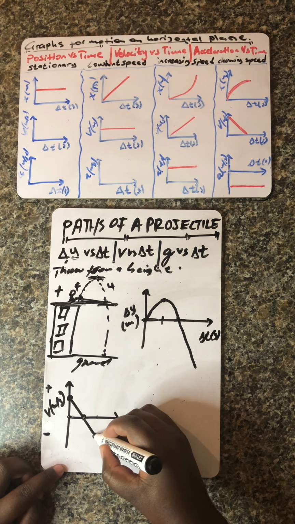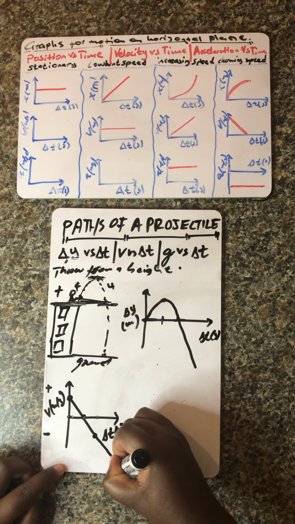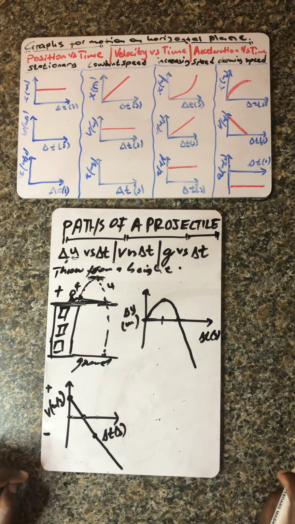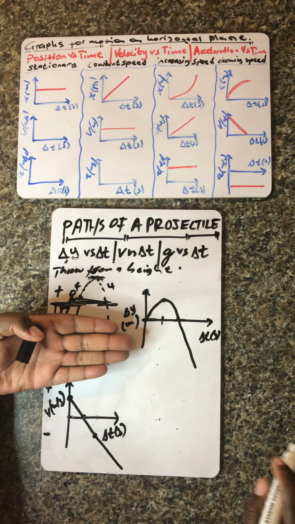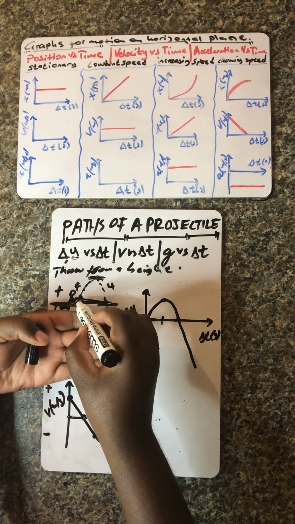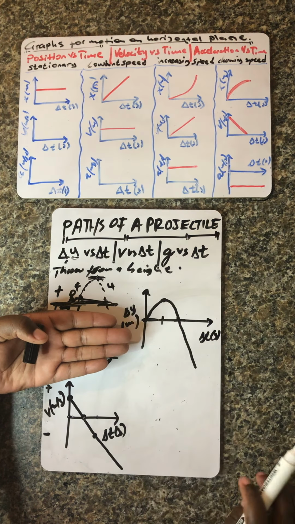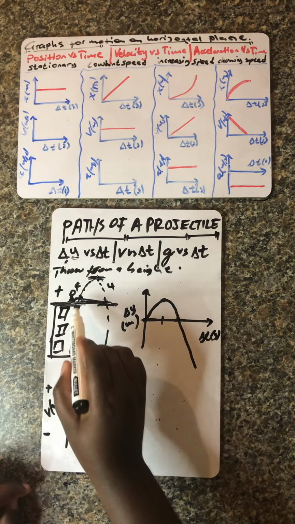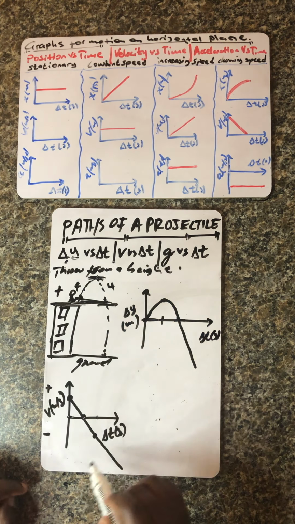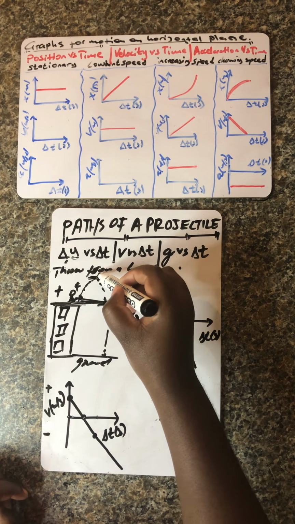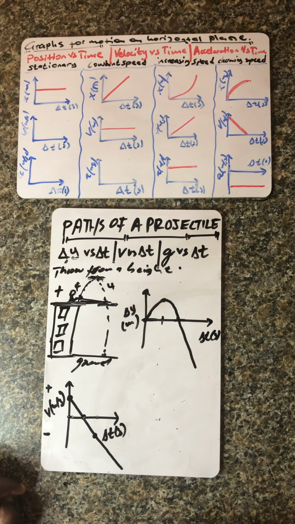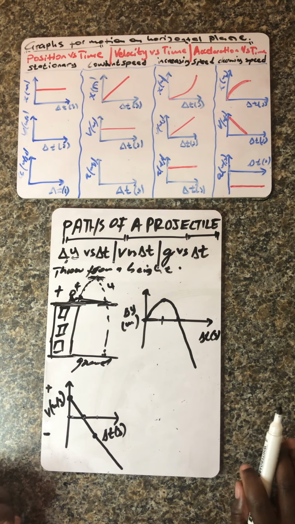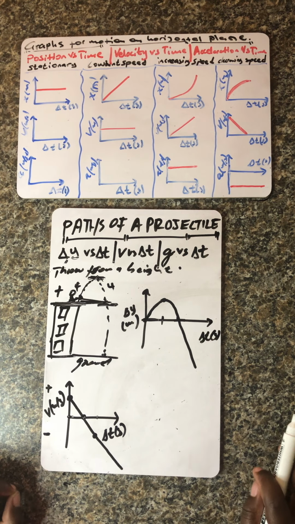That's why this line is now extended and a bit longer, unlike if our friend was standing on the ground and that object just goes up and then hits the ground. But in this case, it's been thrown vertically from a certain height. That's why it goes up, comes back to that same level, and then continues with its journey. I hope you fully understand this part.